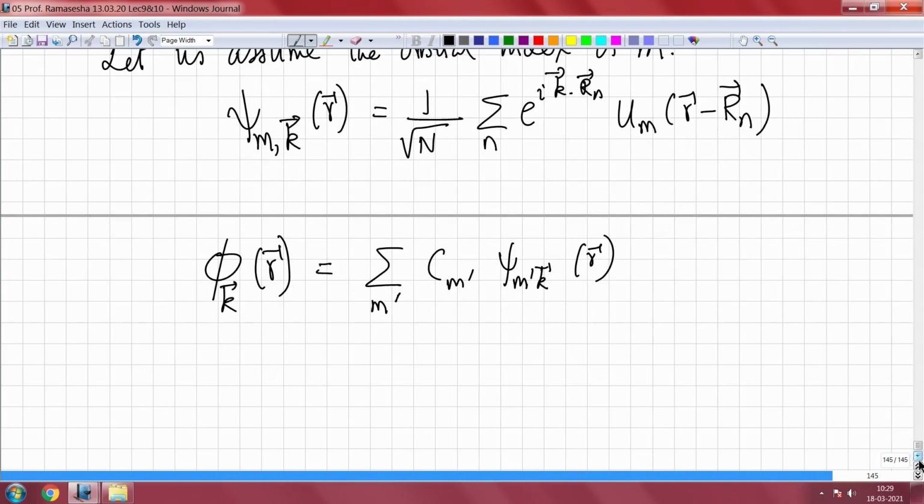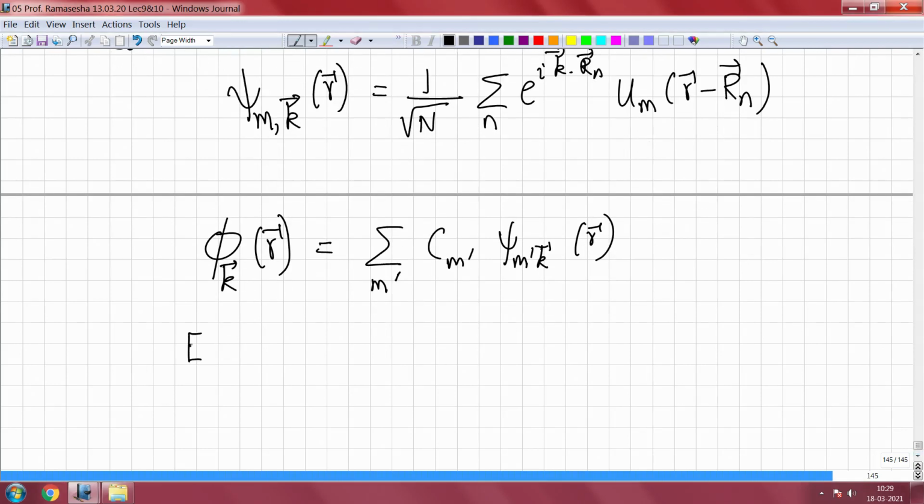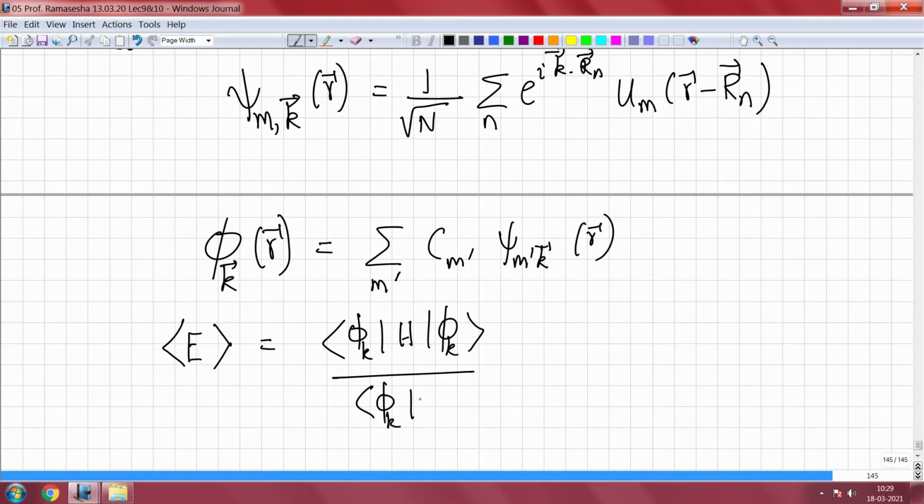What you are trying to do is minimize the energy expectation value, which is equal to phi k H phi k divided by phi k phi k, and minimize E with respect to c m prime.